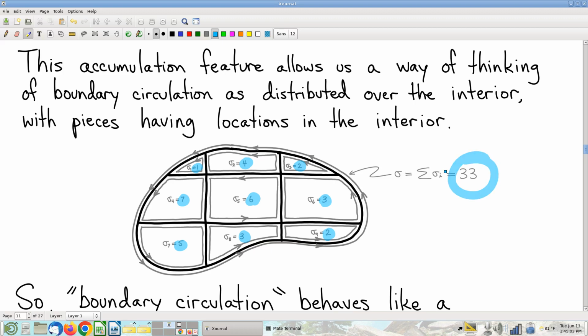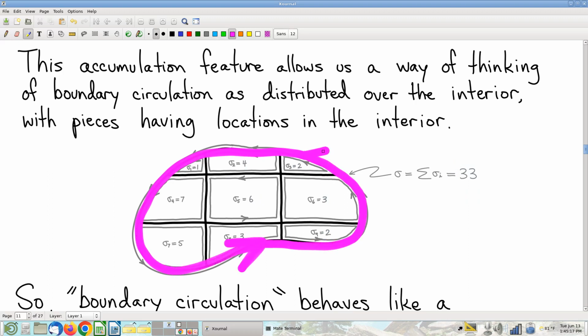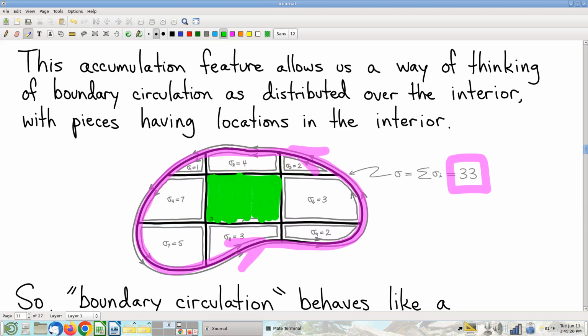Well, of course it is. Mass is an accumulating quantity. But here's the thing. This works for circulation as well. It's very surprising. I can talk about how much of this total circulation, 33, is in this sub area. Very surprising when you say it this way, because we tend to say the circulation is on the purple curve.